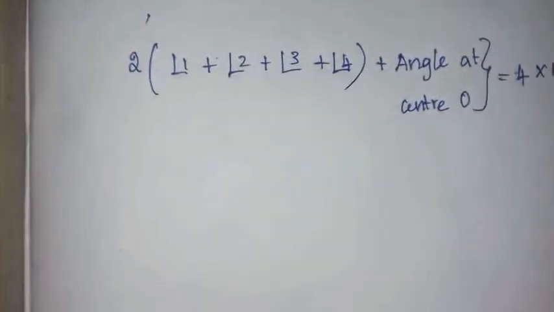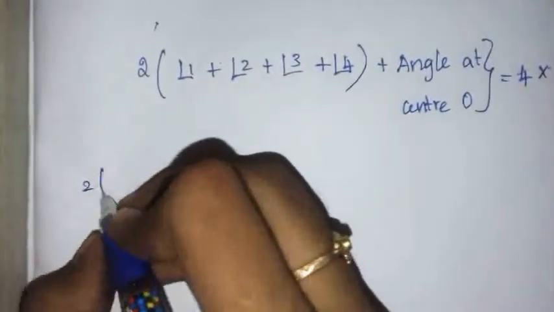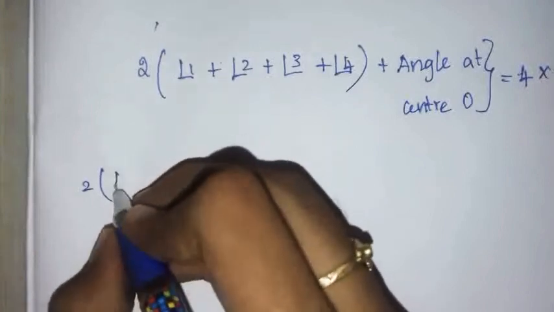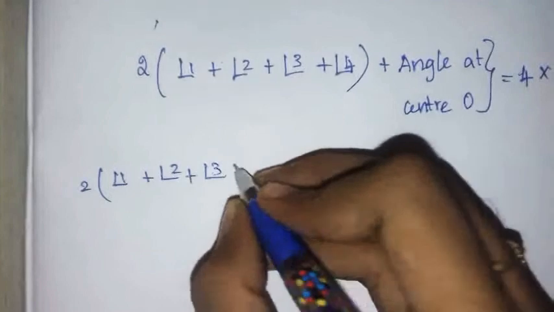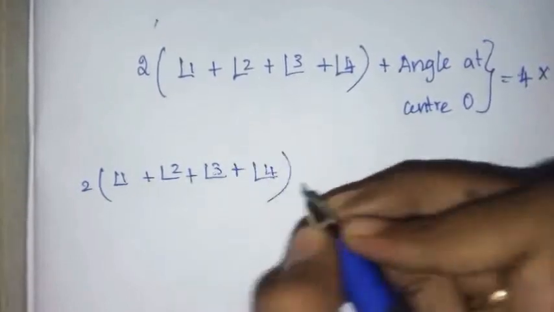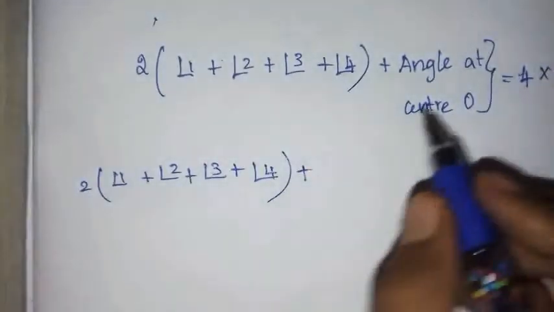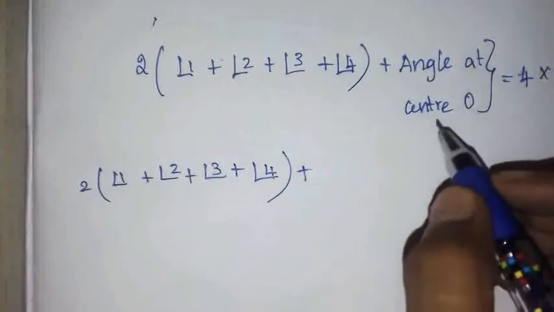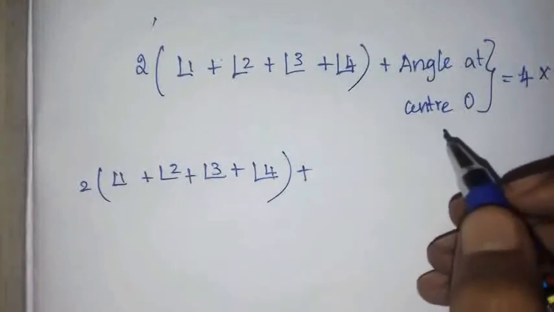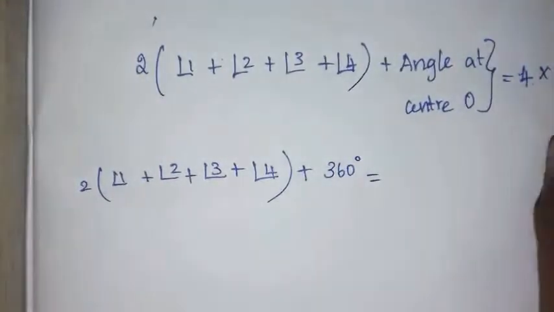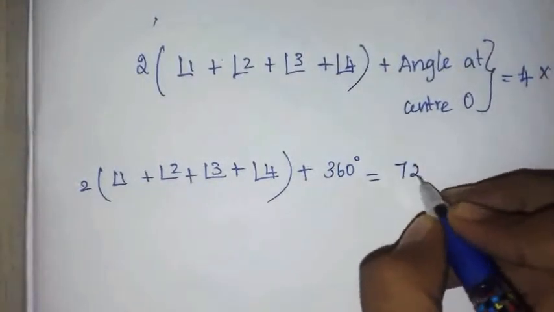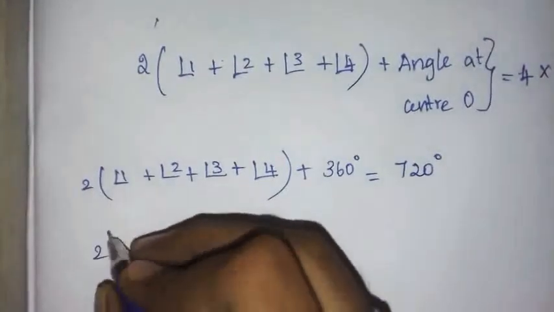In the next step, we are going to simplify this. What will we get? Angle 1 plus angle 2 plus angle 3 plus angle 4 plus the angle at center O, what is that? That is 360 degrees. That is equal to 4 into 180 degrees, which is 720 degrees.